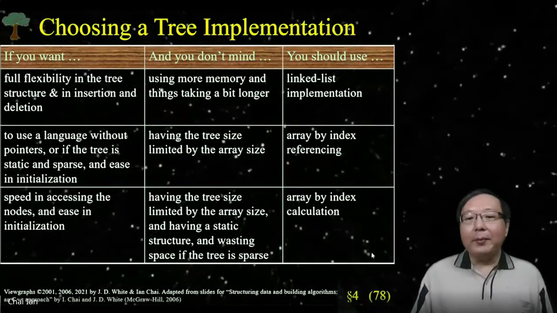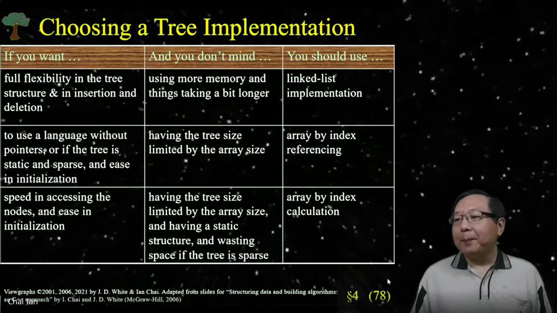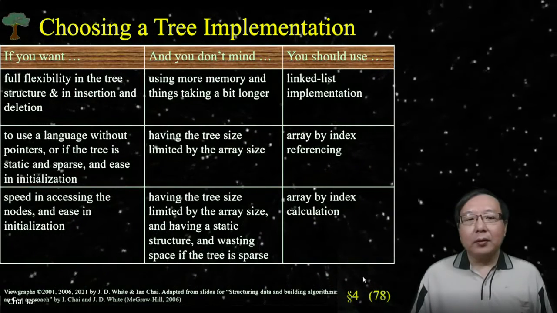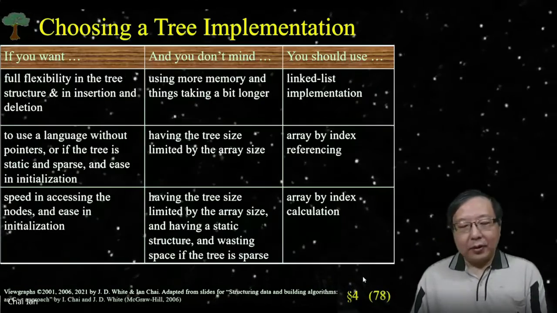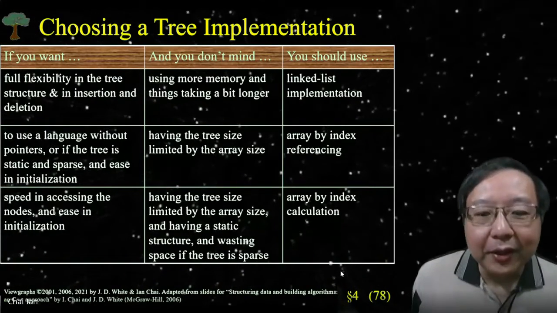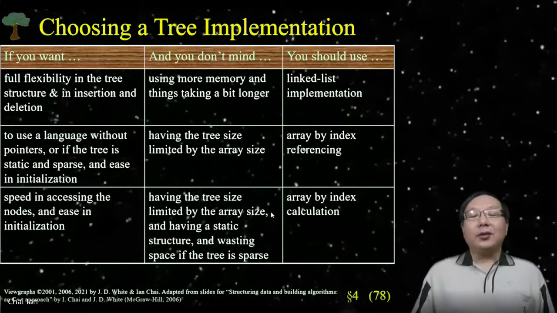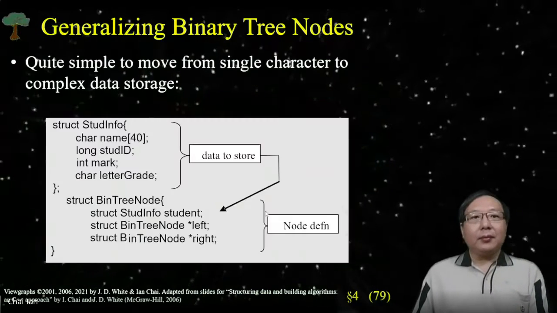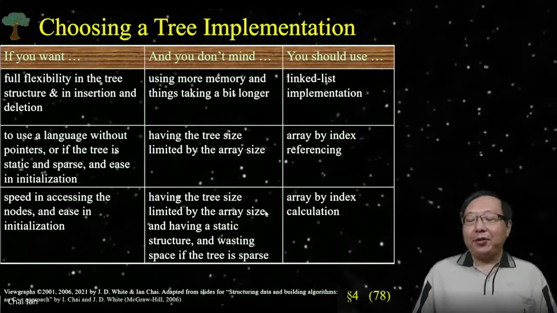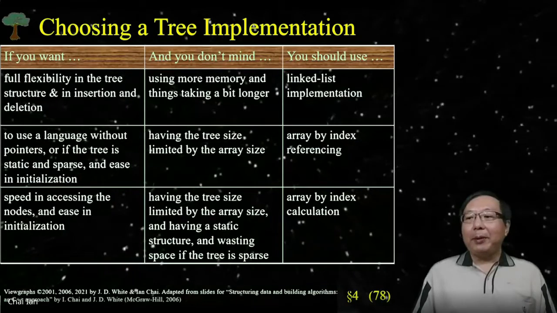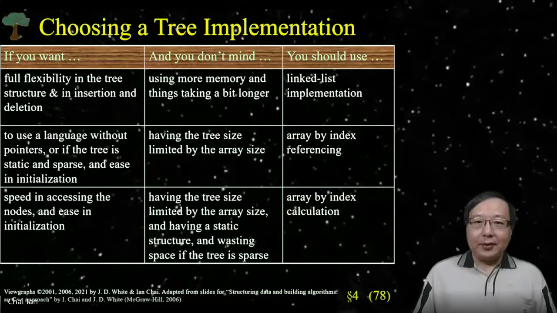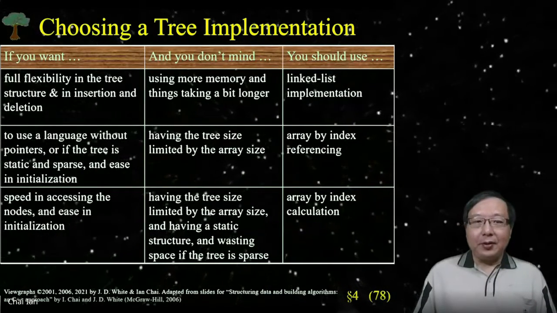Array by index calculation. I'm sorry, I got distracted. Okay, so we've been doing binary trees mainly, but there are also other types of trees.